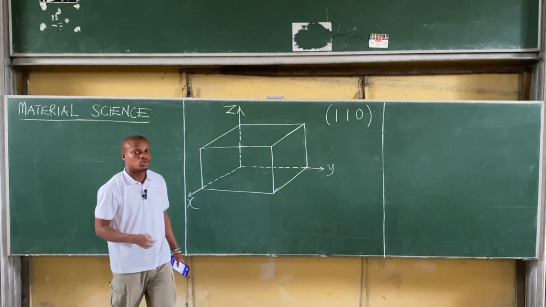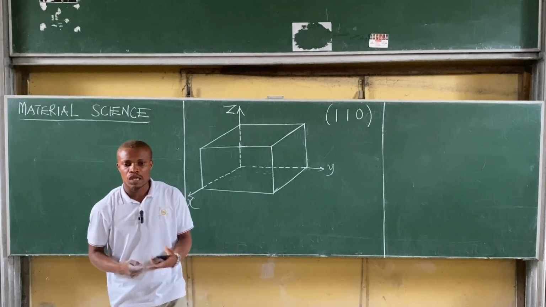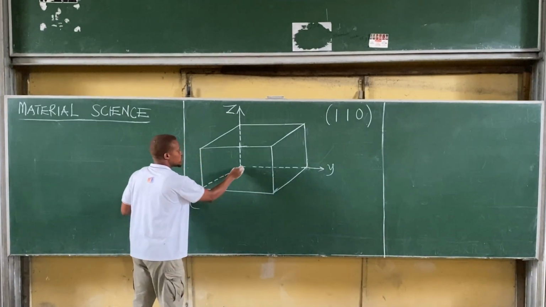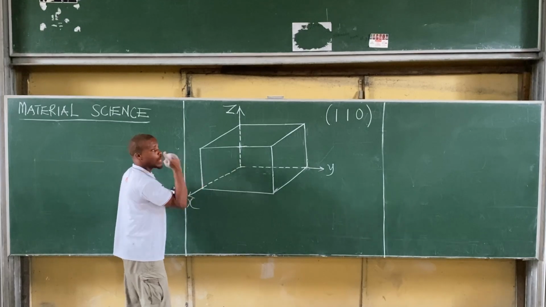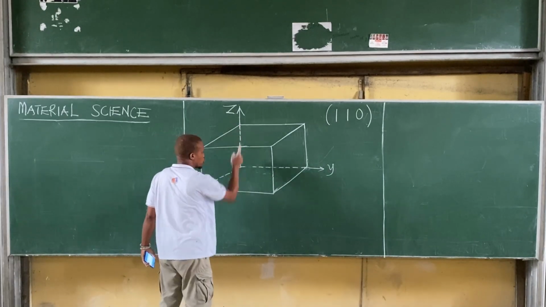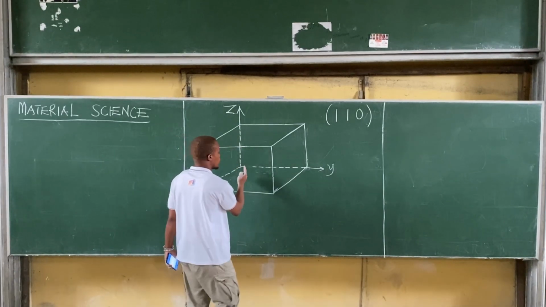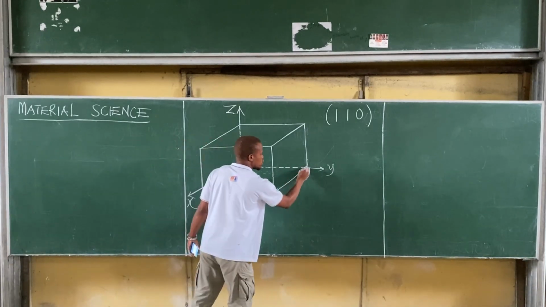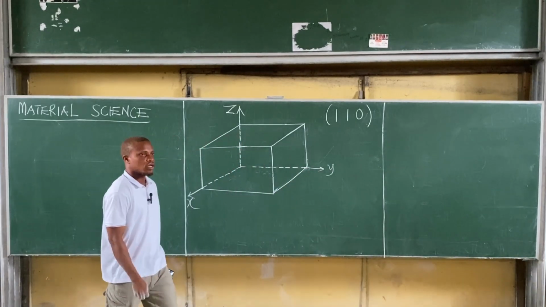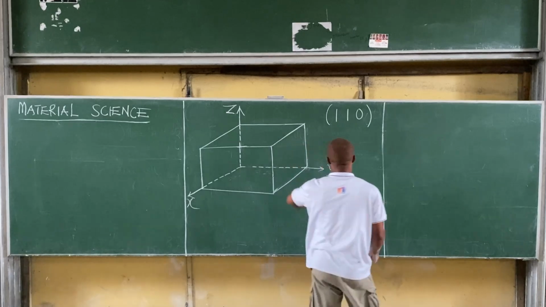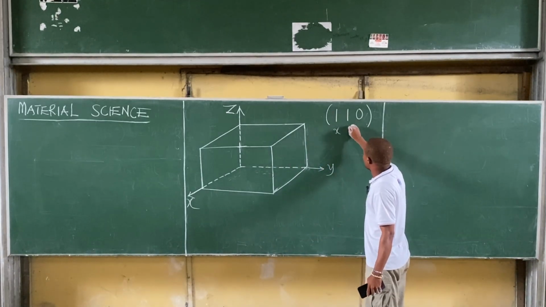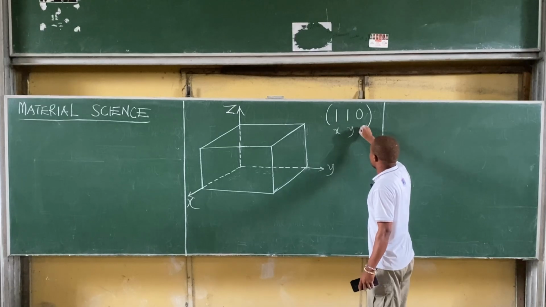Now, you know that for this, we take our lattice constant to be unity. That is, from this point to this point is 1, from this point to this point is 1, from this point to this point is 1, right? Comparing it with our axes, x is 1, y is 1, and z is 0.